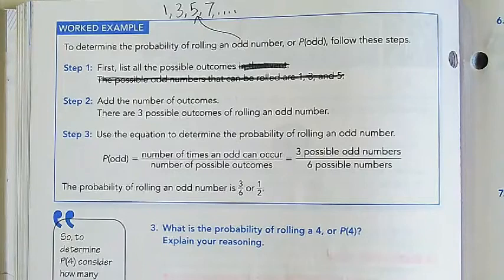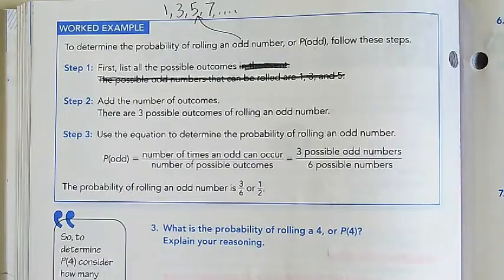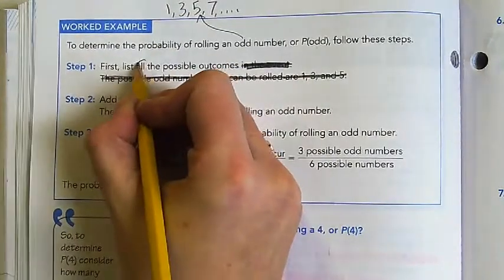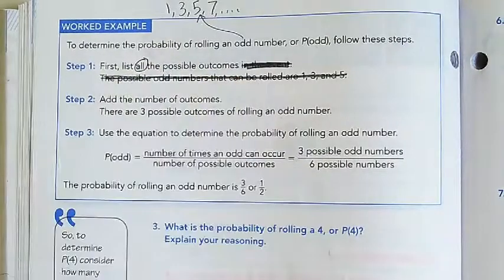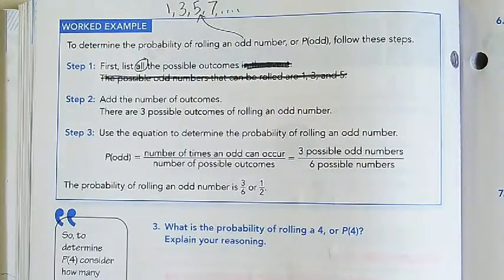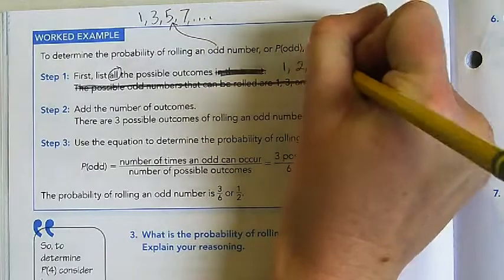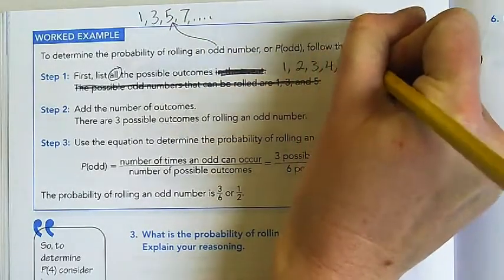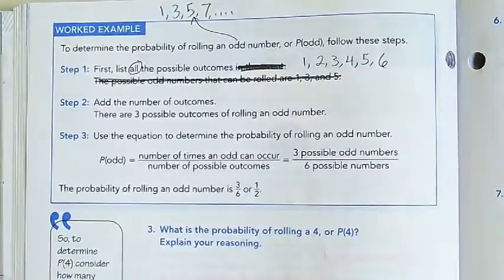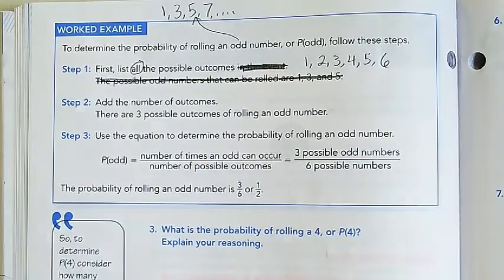So if we're talking about a number cube, what would all the possible outcomes be? All the numbers, which are what? 1 through 6, so we're going to write all of those. 1, 2, 3, 4, 5, 6.